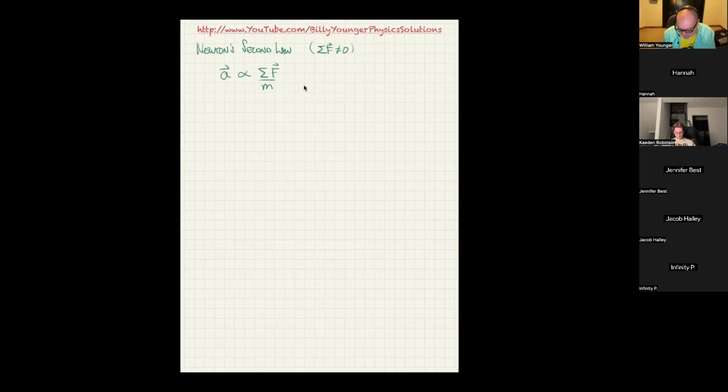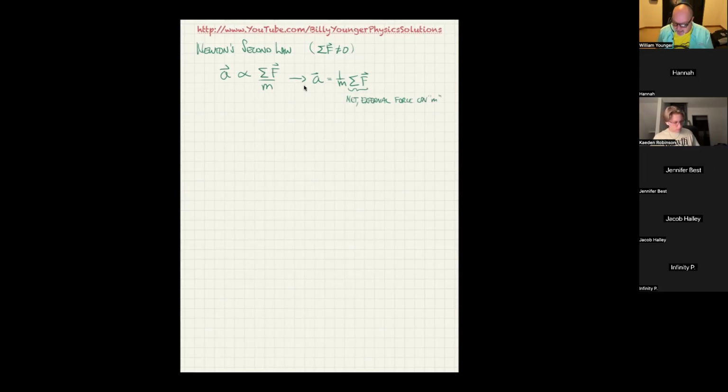So ultimately, what this gives us is the acceleration is equal to 1 over the mass times the net external force. So I want to remind everybody this is the net external force on M.